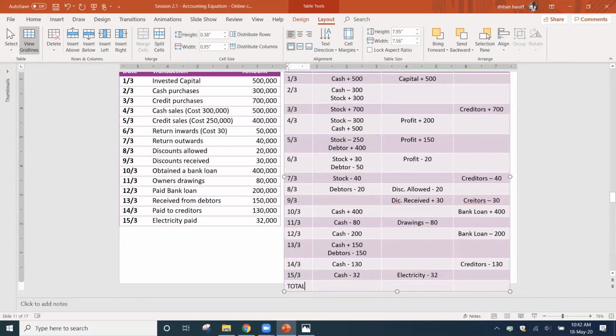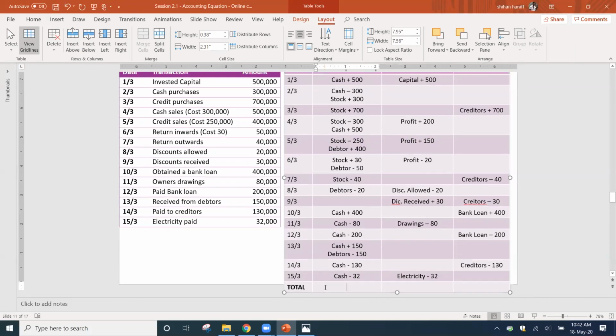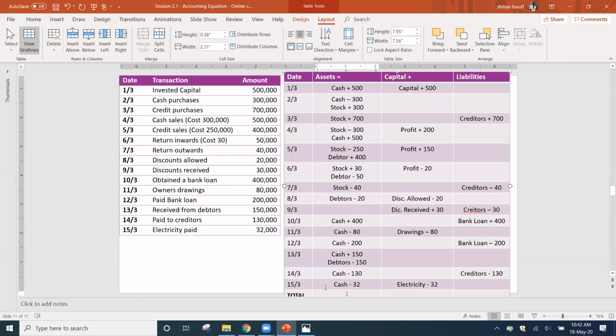Then you can calculate the total. So I want you to tell me the profit. You don't need to individually calculate the profits. You can use the net asset equation, capital equation.